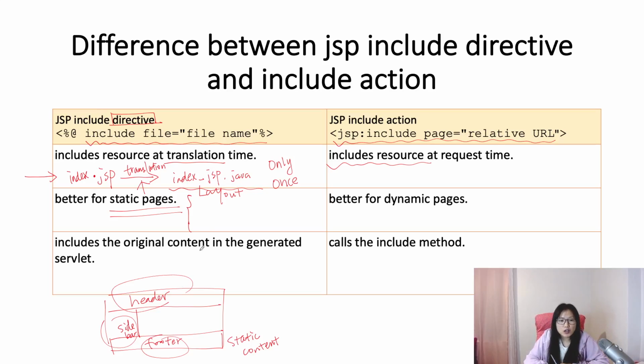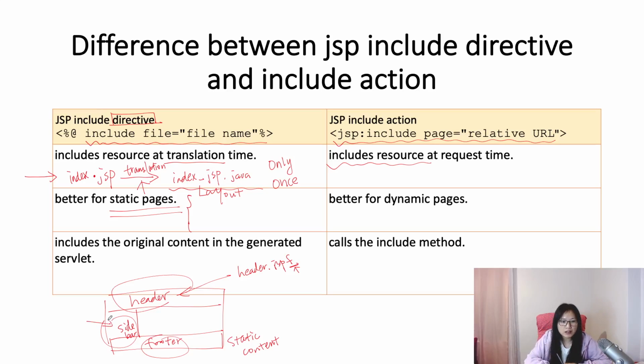So when we develop an application, we can put the header into something like header.jspf. There's another type of file called JSPF. F stands for fragments, which means it doesn't include the entire HTML, just a part of the information that can be included into other JSPs, like inside the body tag.